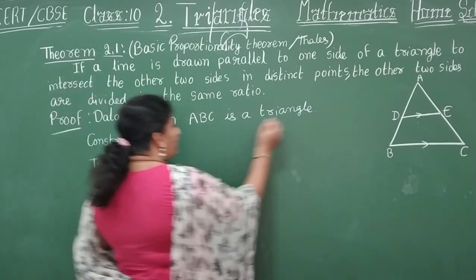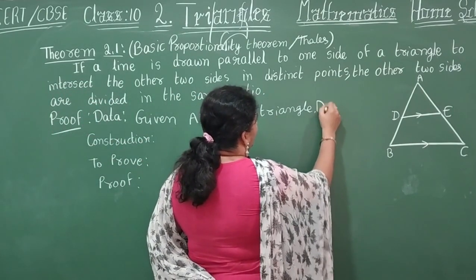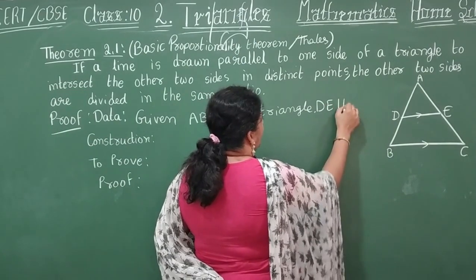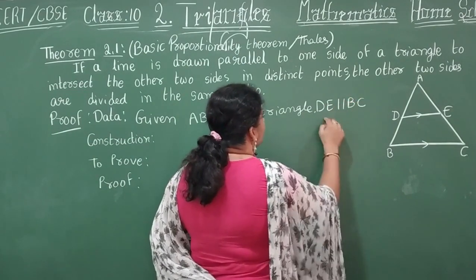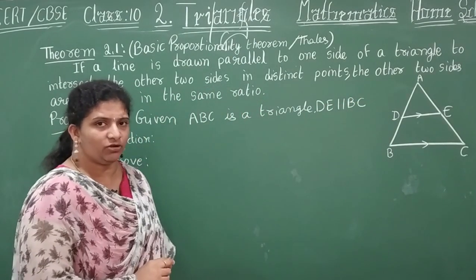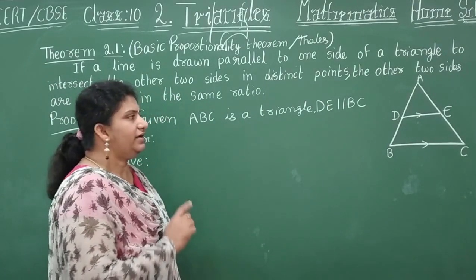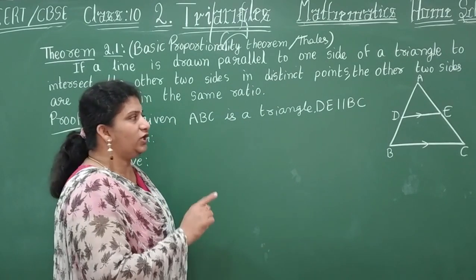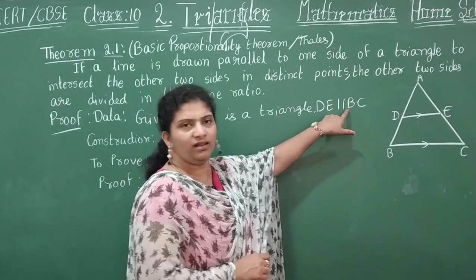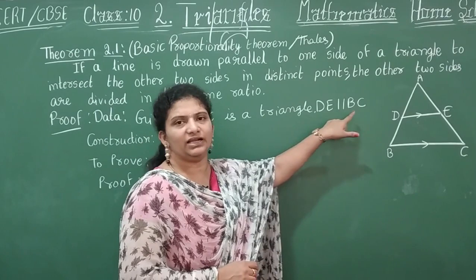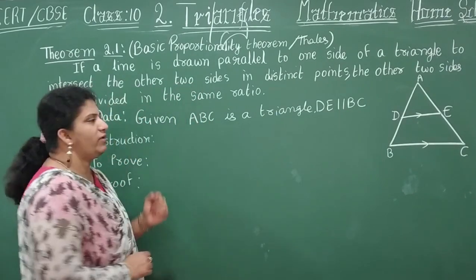And what did they give here? DE is parallel to BC. This they have given in the statement only. ABC is a triangle, and DE is a line parallel to BC. Do you know the parallel symbol? DE parallel to BC. Now next step.